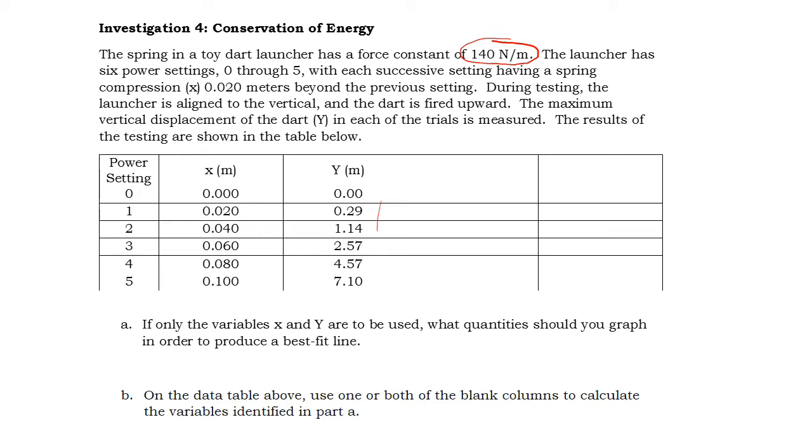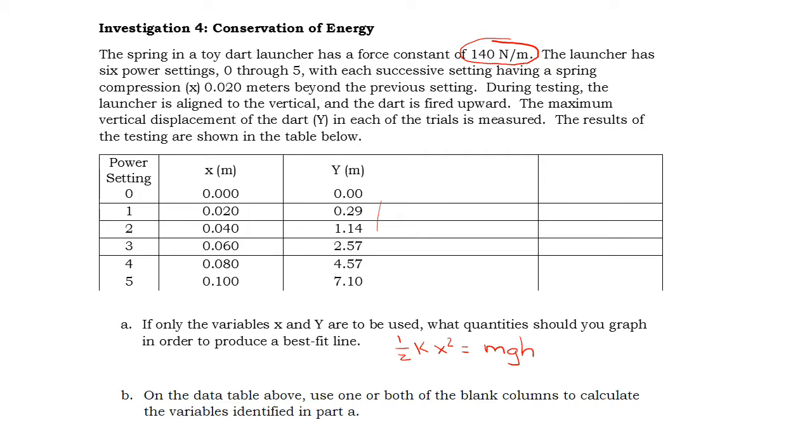And so to figure out what I can graph from this data to get a straight line, I want to look at the formula that 1/2 kx squared is going to equal. This is the elastic potential energy stored in the spring, eventually becomes the gravitational potential energy of the dart.